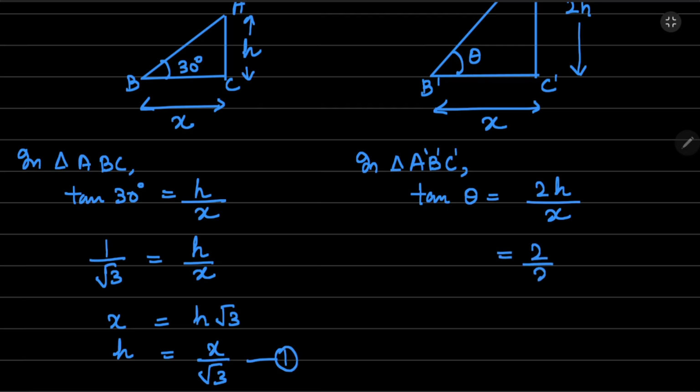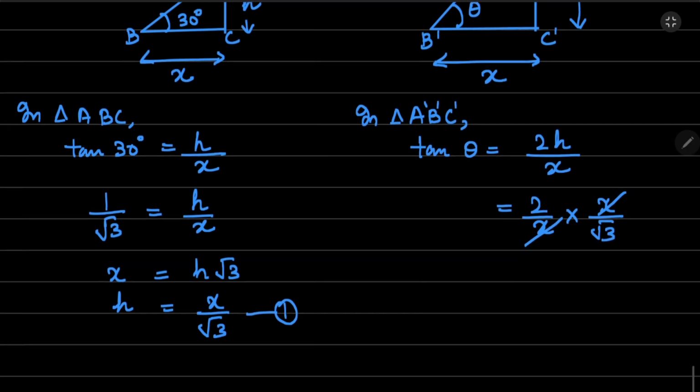So it is 2 by x multiplied by x by root 3. Your x and x get cancelled. So now what remains is tan theta is nothing but 2 by root 3. Right? So, multiply numerator and denominator by root 3. So what you have is 2 by 3 multiplied by root 3.